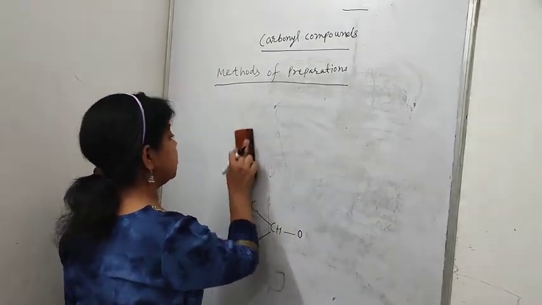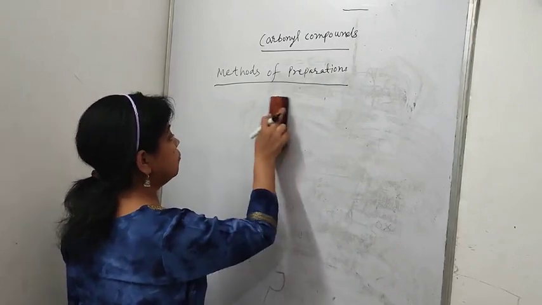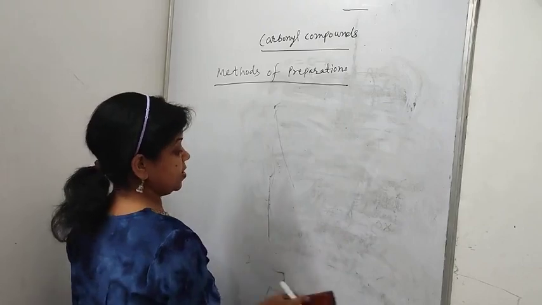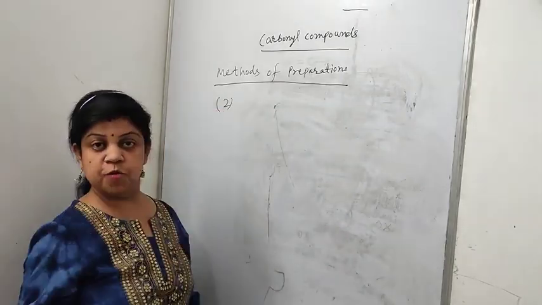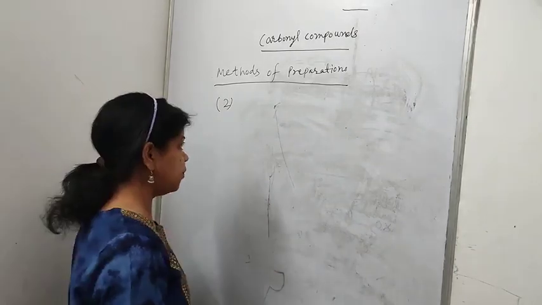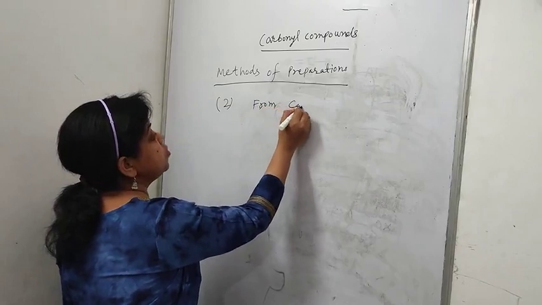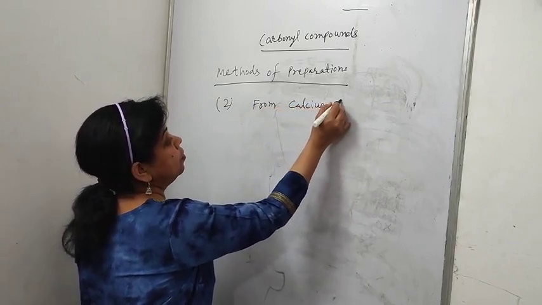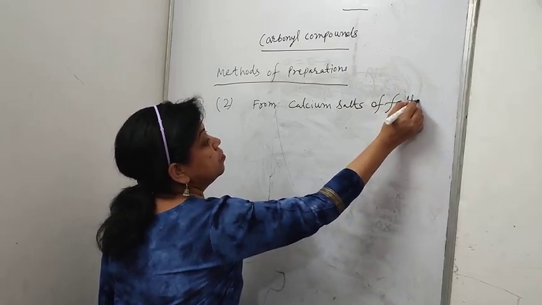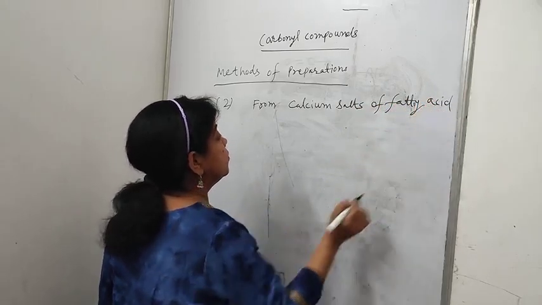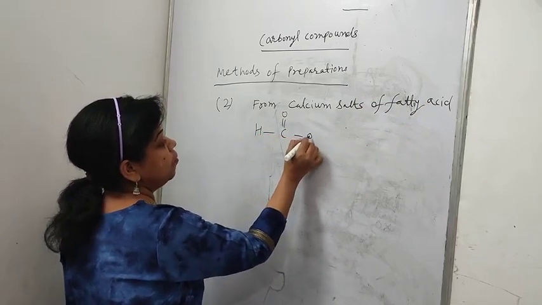How can we prepare our carbonyl compounds from fatty acids? So let's see the second method of preparation of carbonyl compounds from calcium salts of fatty acids. In this category, first of all, we have selected calcium formate.